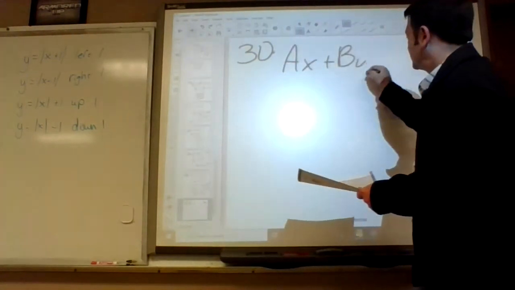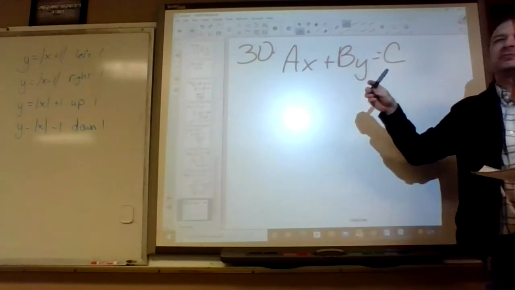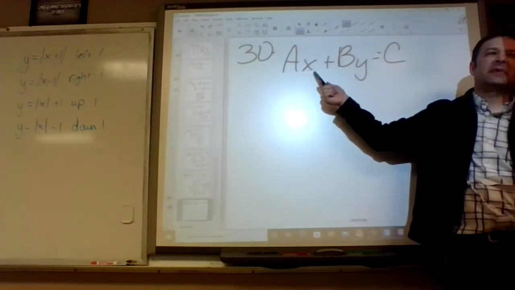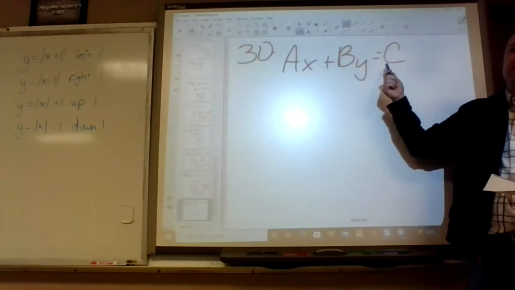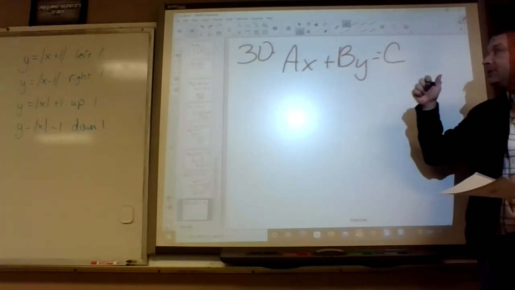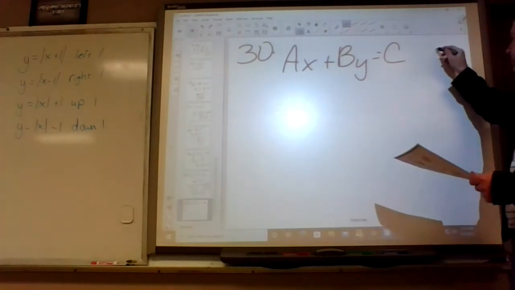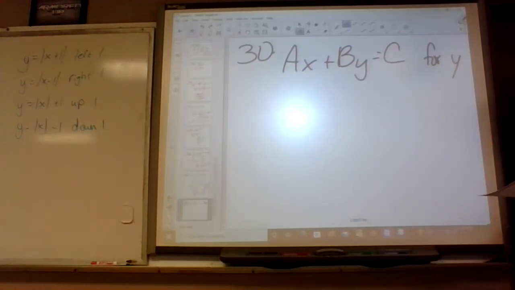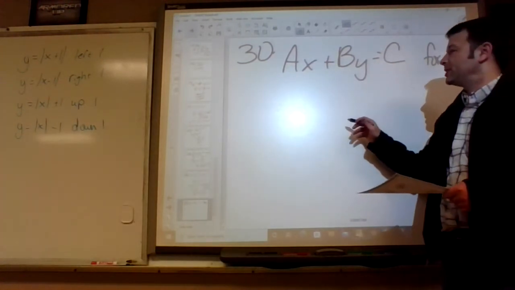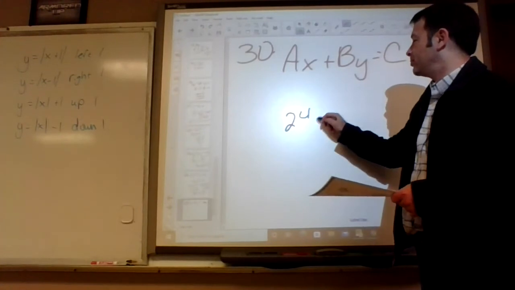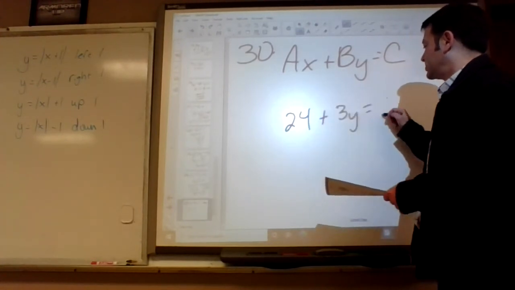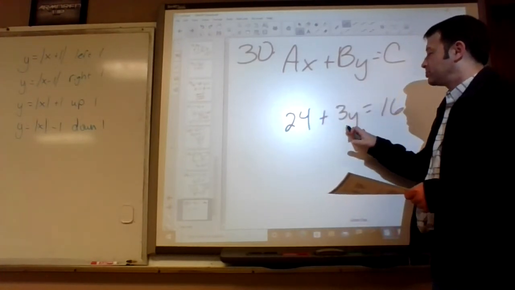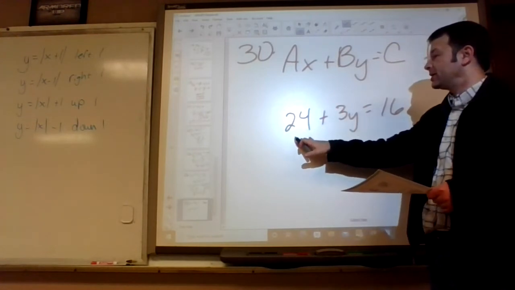It's supposed to be y equals c. You guys recognize this equation right here? That's the standard form of a linear equation. We're supposed to solve it for y. What does that mean, solve it for y? Get y by itself. What would be my first step? If I had 24 plus 3y equals 16 or something like this, how would I get y by itself? Subtract 24.